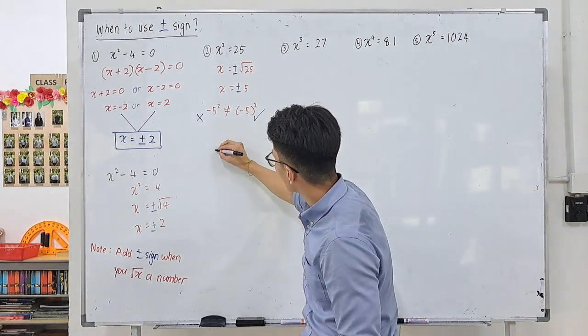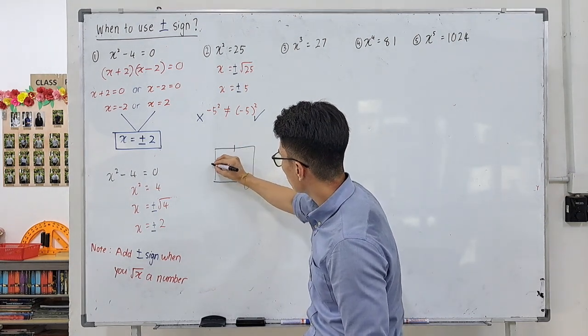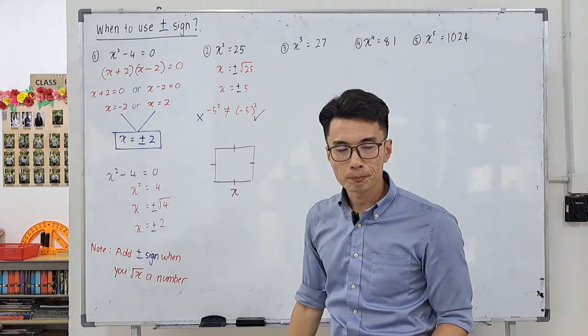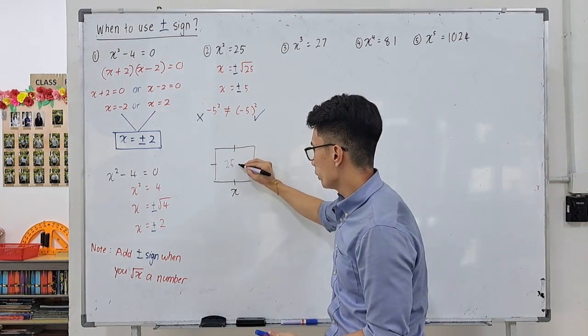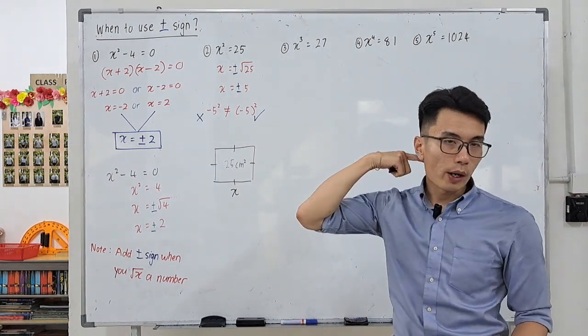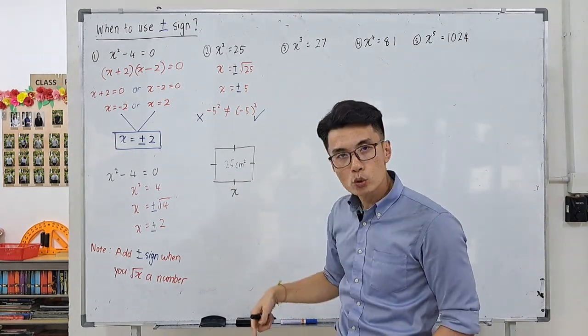Let's just say I have a square. A square has 4 equal sides, and I will name the side x over here. And let's just say this square has an area of 25 centimeters squared. Okay? What is the length of the square?